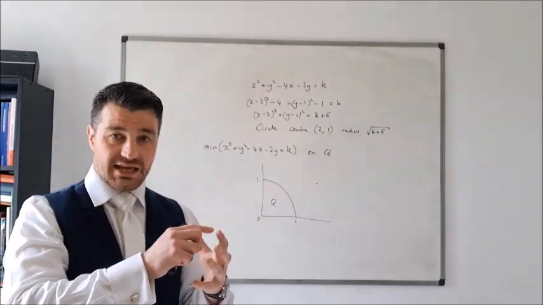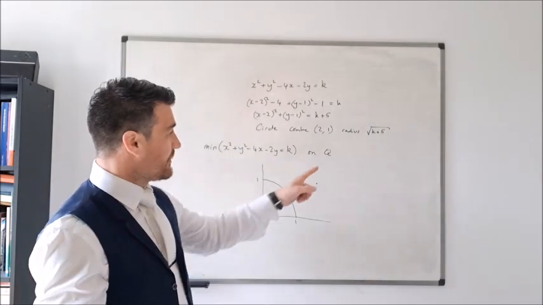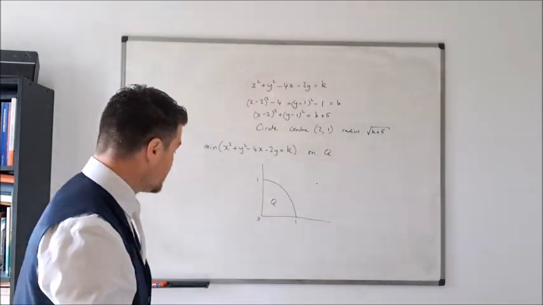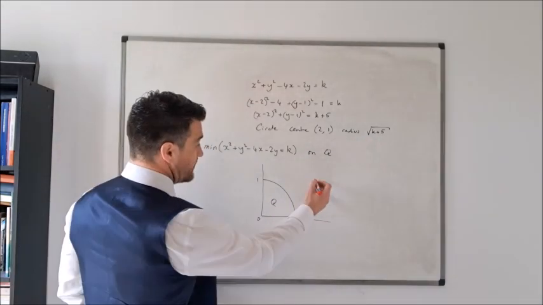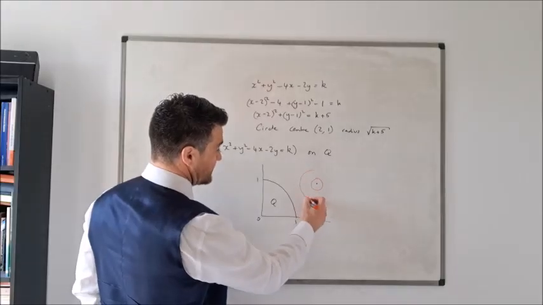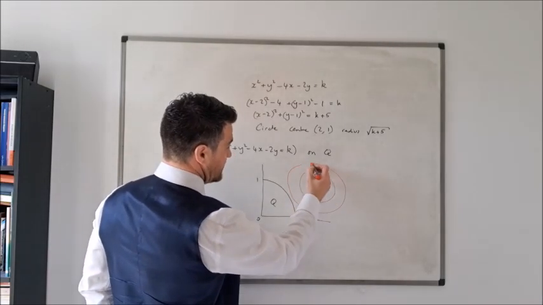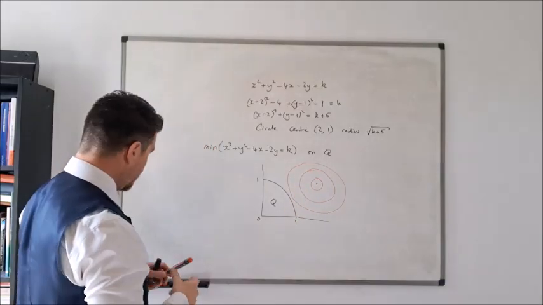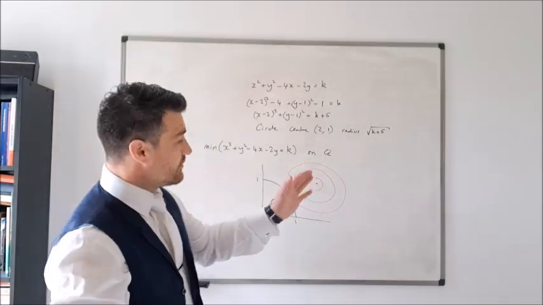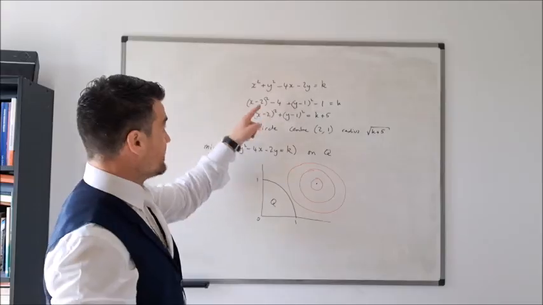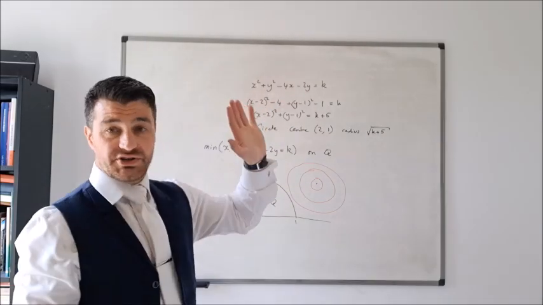So as k increases, what happens? The radius increases, right? So for different values of k, we get different circles. And we're looking for the smallest value of k, because remember we're wanting to minimize this expression.